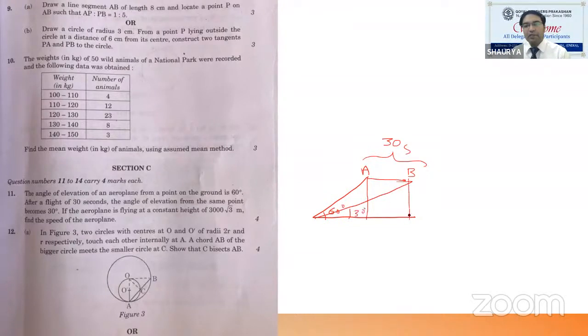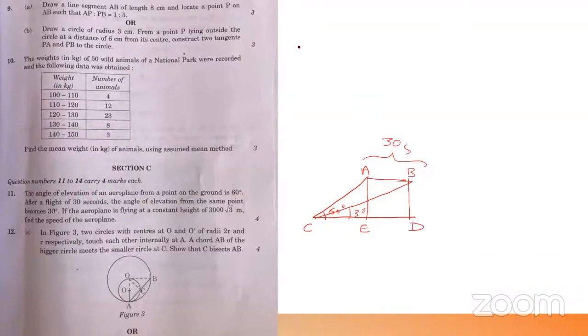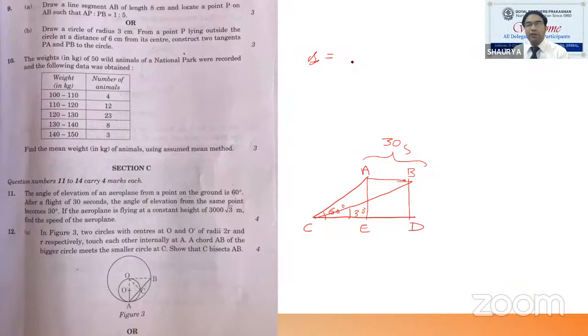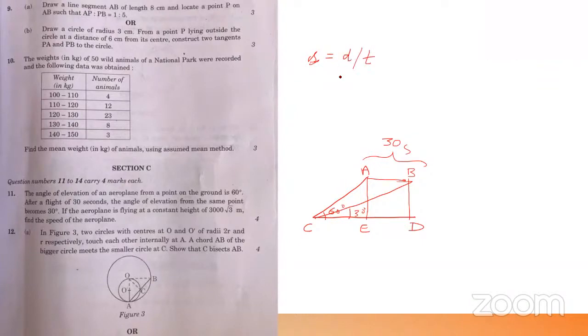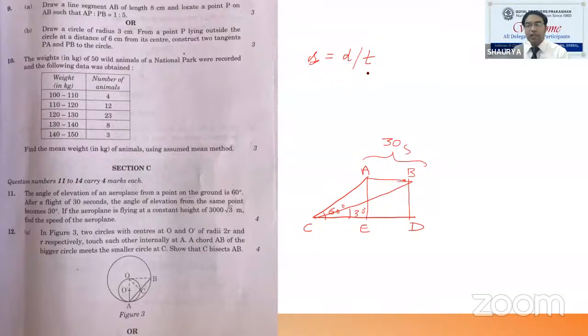Right? So these two triangles can be seen. Let me mark these vertices as C, D, and E. Now we have been asked to calculate the speed of the plane. Considering the plane to be moving with constant speed, it is simply distance upon time, right? So we need to basically calculate this distance AB, or the distance ED.